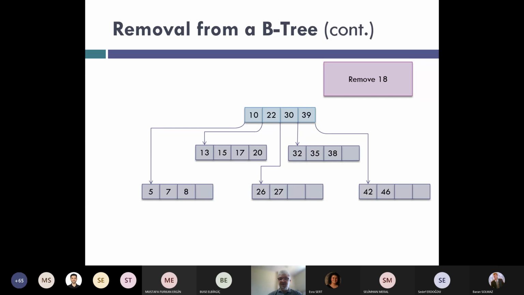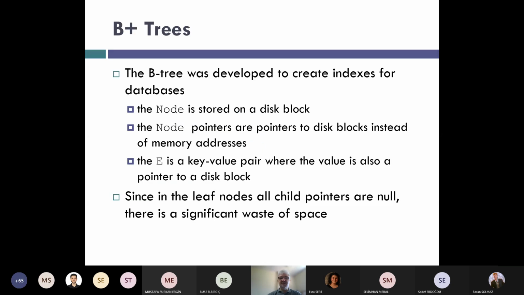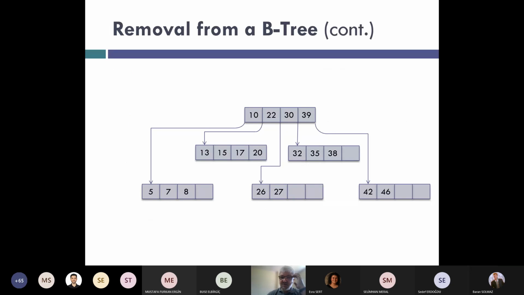And the tree becomes one last level in that case, right? In this B tree, all the operations, as you see, depend on the height of the tree. The height of the tree is logarithmic.